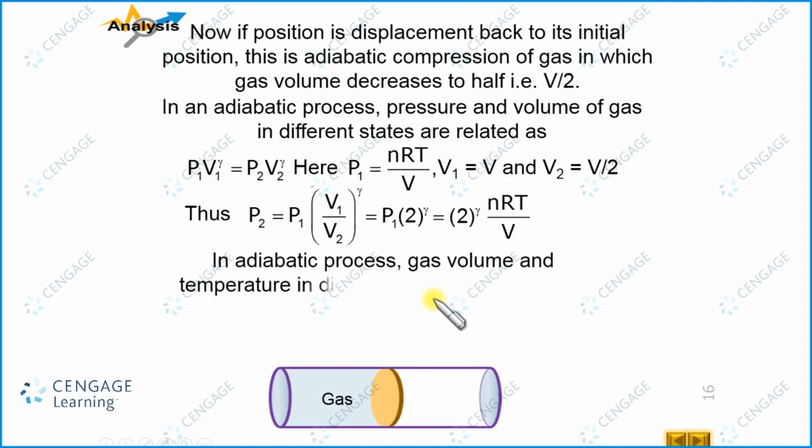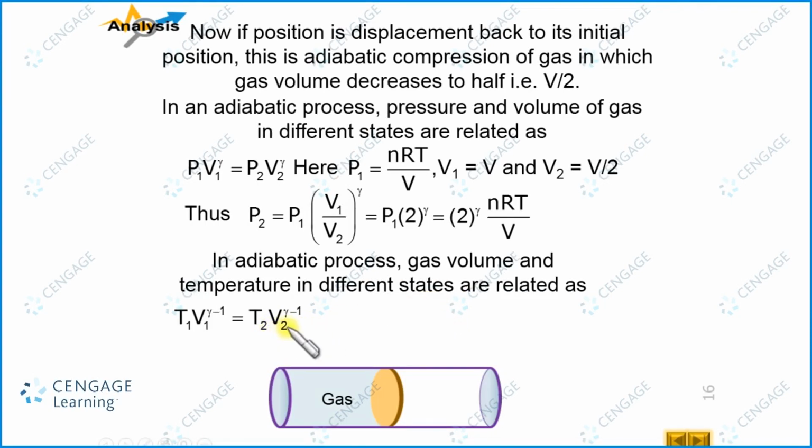So here we can write T1 V1 to the power gamma minus 1 equal to T2 V2 to the power gamma minus 1, and here T1 equal to T, that is the initial temperature, because when the piston was here, temperature was T. When the piston moved to this position, that was the isothermal expansion, temperature remained unchanged. That means when the piston was at this position, temperature of the gas in the container was T. So initial temperature is T, initial volume is V, final volume is V by 2.